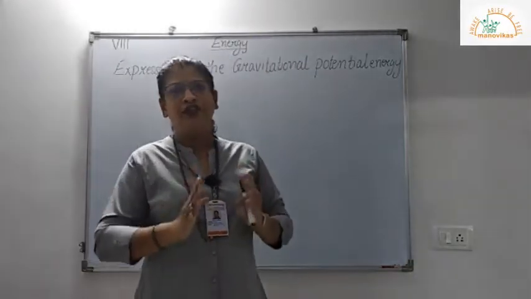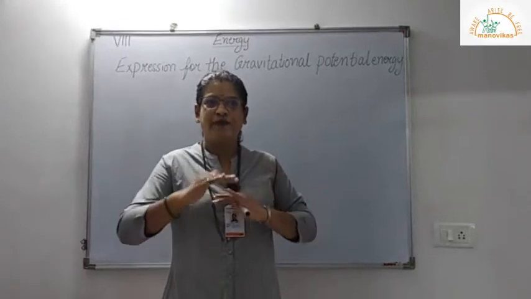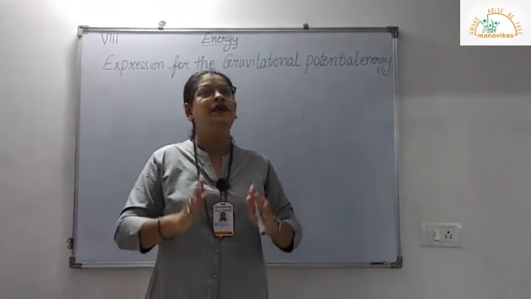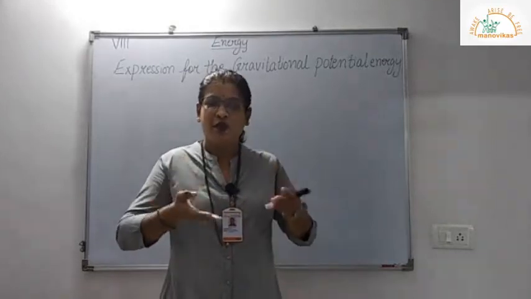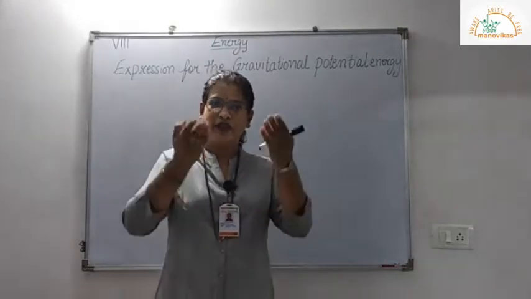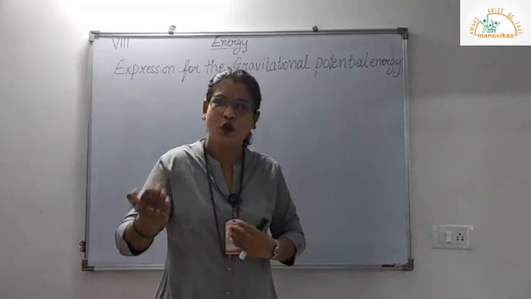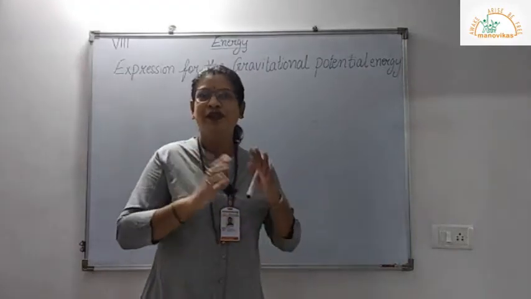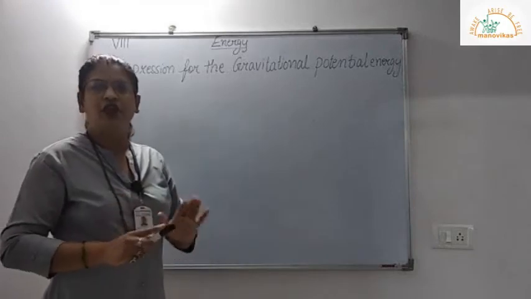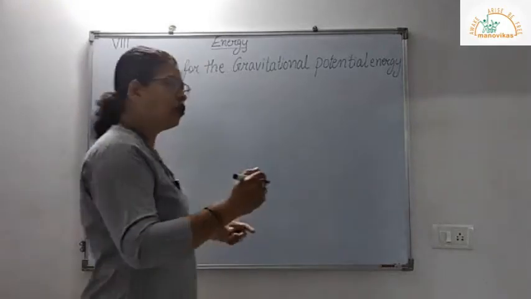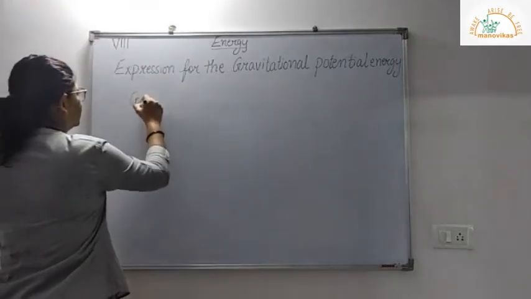Therefore, the potential energy of a body at a height is the amount of work done against moving it in the upward direction against the force of gravity. So now let us derive the equation for gravitational potential energy.